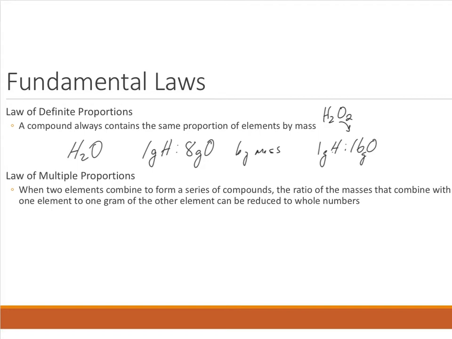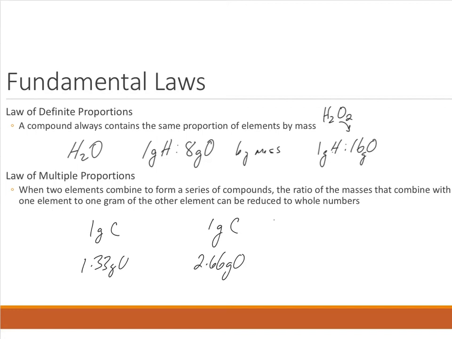The other law is the law of multiple proportions, and that states that when two elements combine to form a series of compounds, the ratio of masses that combine with 1 gram of the other element can be reduced to whole numbers. An example of this is, for 1 gram of carbon, I can have 1.33 grams of oxygen. And for another compound of carbon, I can have 1 gram of carbon to 2.66 grams of oxygen.